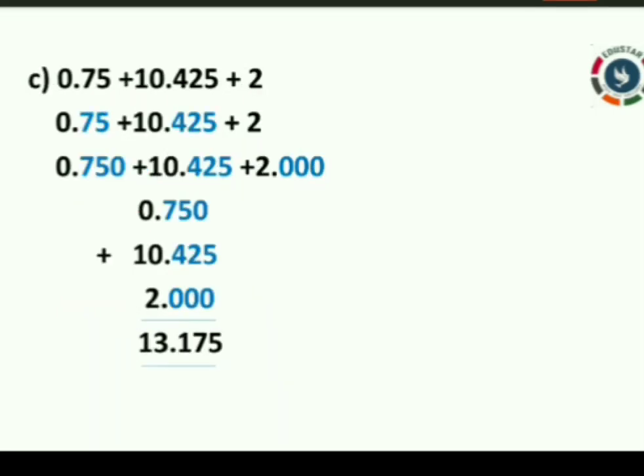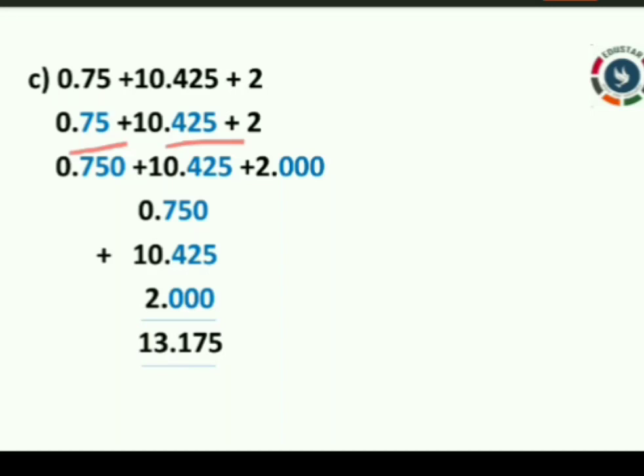Next one, 0.75 plus 10.425 plus 2. First you have to check the decimal places. 2 decimal places, 3 decimal places. Here 2 is your whole number. It does not have a decimal part. Now you have to convert these unlike decimals into like decimals.